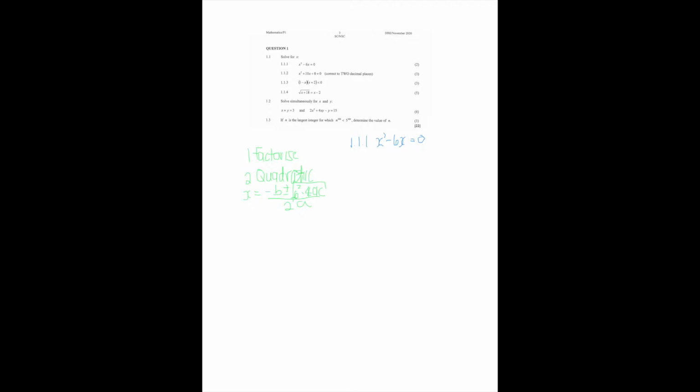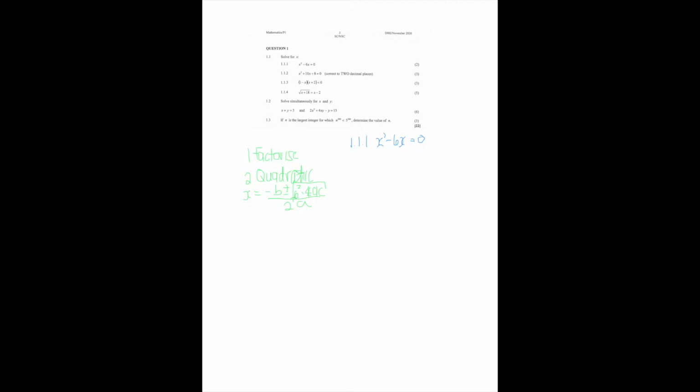I will be showing you how to use the factorizing method and the quadratic formula in question 1.1.1, but going forth, where applicable, I will be choosing the correct formula to use, or the method to solve for x.